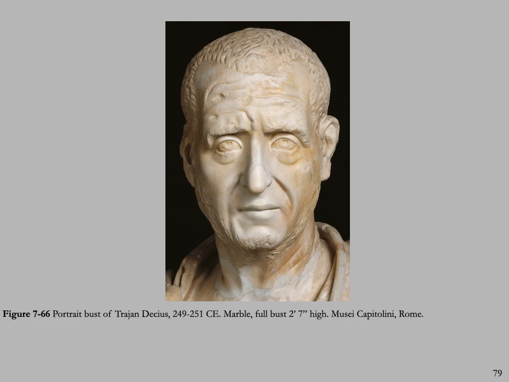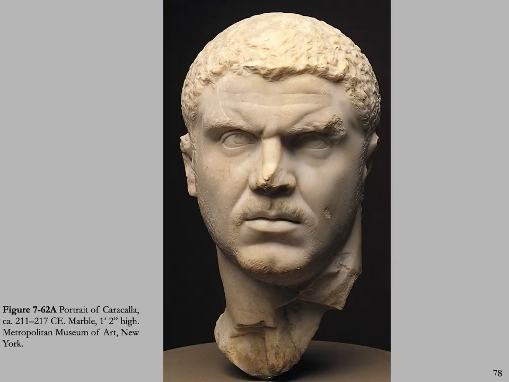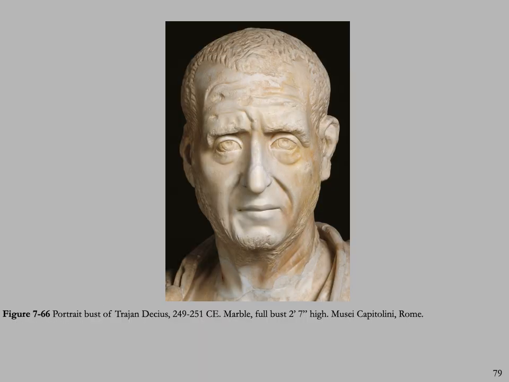And if we look back at Caracalla, there's this anger, right? There's a very furrowed brow. And we go to our friend Trajan Decius here. He seems very worried, right? There's this kind of doubt to him. These expressions seem a long way off from the confidence and sureness of Augustus, right? From the beginning of our lecture.